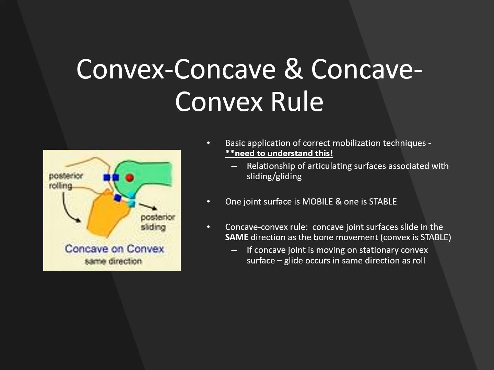Now when we do knee flexion in high sitting position, the tibia is going in the posterior direction, which means the rolling is happening in the posterior direction. Since it's a concave-convex rule, the sliding is also happening in the posterior direction.